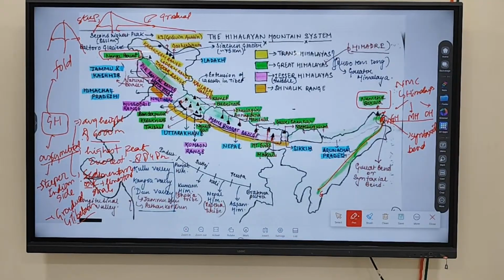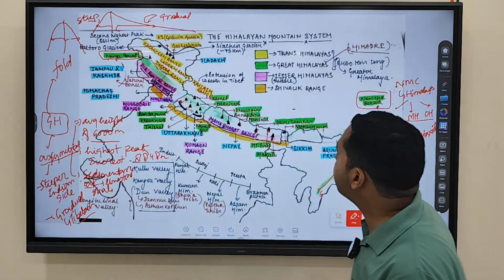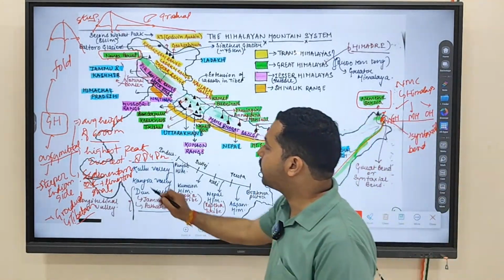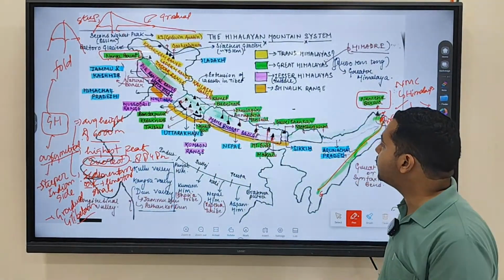Now, what you have to keep in mind is that there are a lot of important ranges that you're going to find in this region. Clear? In the Greater Himalayas, you'll find a lot of important ranges. What are the important ranges? One is Mount Everest.